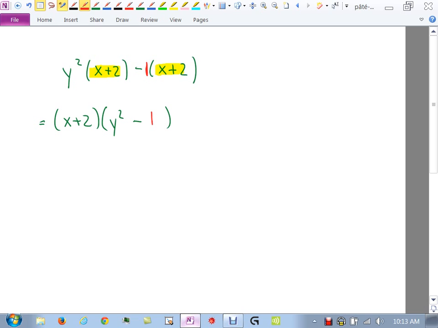And y squared minus 1 turns into what? y plus 1 times y minus 1. Again, that difference of squares, turning into those two, is one of those things that you just want to start to get to the point where you recognize it, okay? Now we are completely factored.